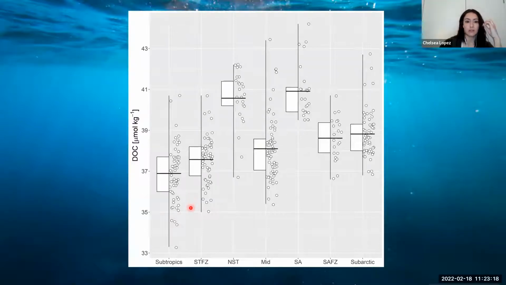Just to point out DOC concentration, these dots are every single observation, this is your mean, and 50% of the data falls in here. Between the sections, here's your Northern Subtropical Front, here's your Subarctic Front. Your average concentrations are much higher than the regions around.